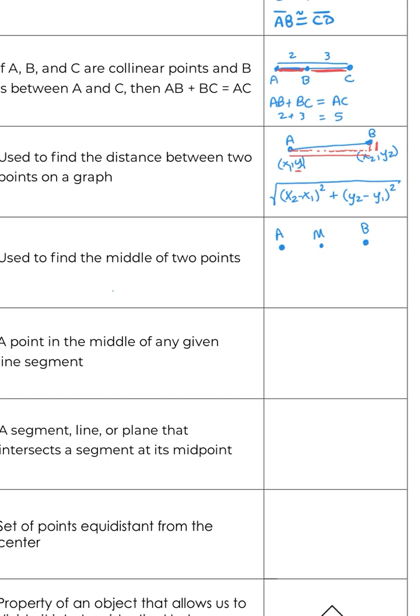If A has coordinates of x1, y1, and B has coordinates of x2, y2, then to figure out M, we would do x1 plus x2 and divide it by 2. So we're taking the average of the x coordinates, and then the average of the y coordinates, y1 plus y2, divide that by 2, and that is going to give us the coordinates of M.